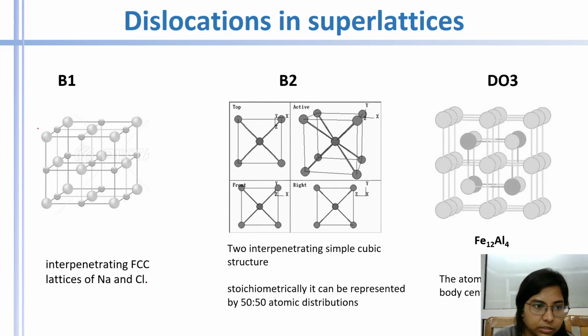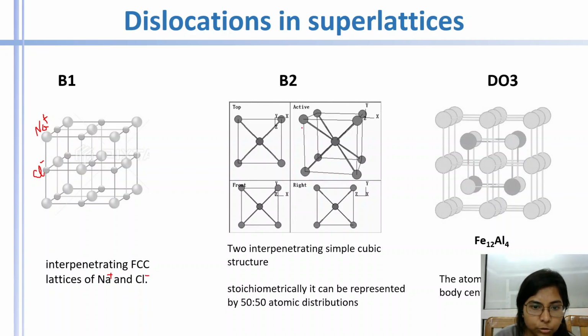Writing only Na is not correct, because this is an ionic system, so we have to write Na+ and Cl-. So this is the B1 structure, interpenetrating FCC lattices of Na+ and Cl-.